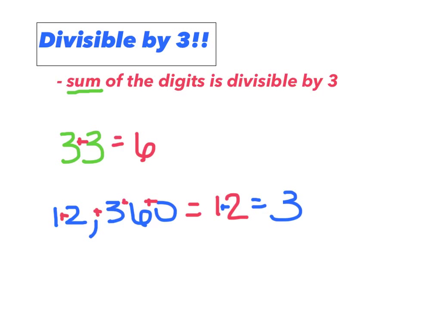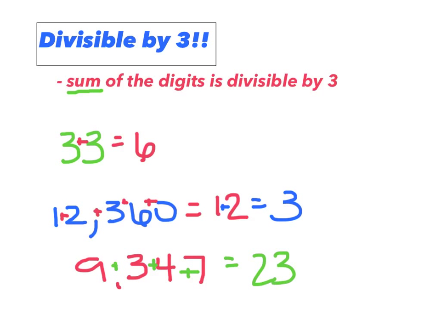Let me show you a non-example. If you have the number 9,347, if you add up these digits, 9 plus 3 is 12, plus 4 is 16, plus 7 is 23. 23 is not divisible by 3, so 9,347 is not divisible by 3.